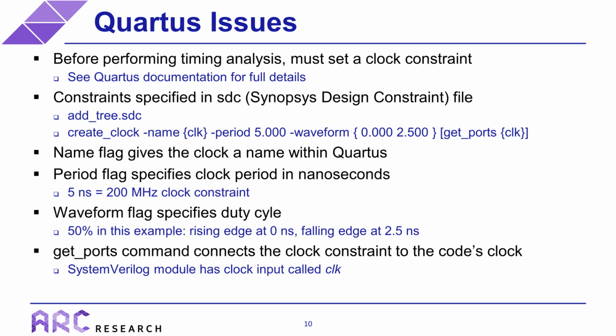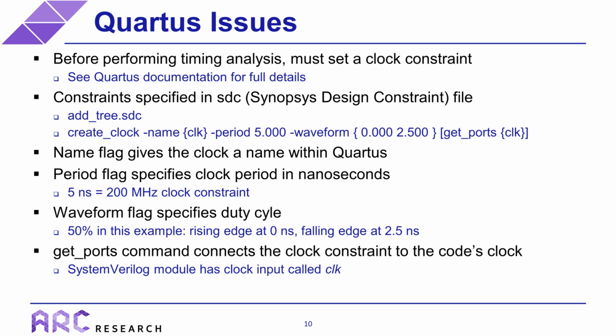Constraints are specified in SDC files, which you can also specify using the Quartus GUI, but Quartus will just store those in an SDC file anyways, so sometimes it's just more convenient to specify it directly in the SDC file yourself. For this example, the project includes an addtree.sdc file.